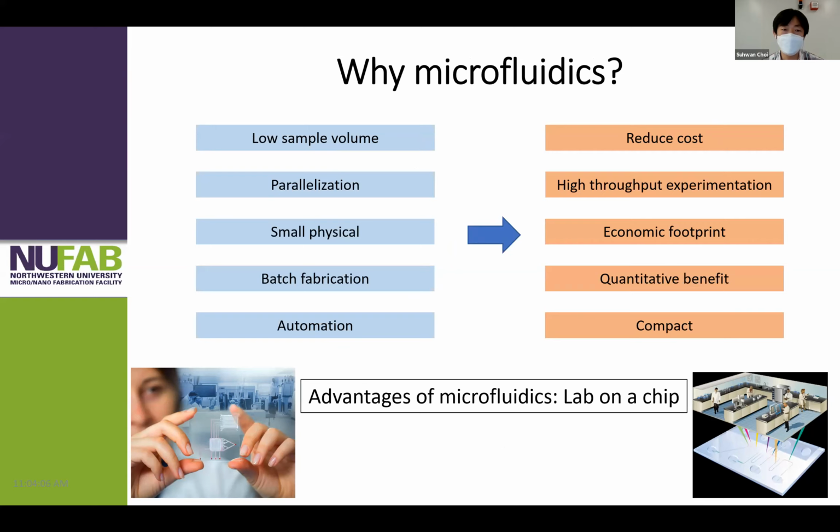The small size also allows batch fabrication, which gives us a quantitative benefit, and definitely automation, in a compact version. So the advantage of microfluidics is lab on a chip: lab work happens inside a single chip.